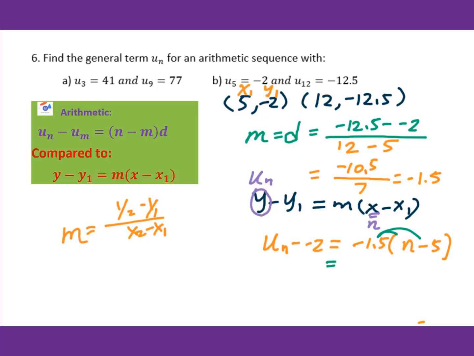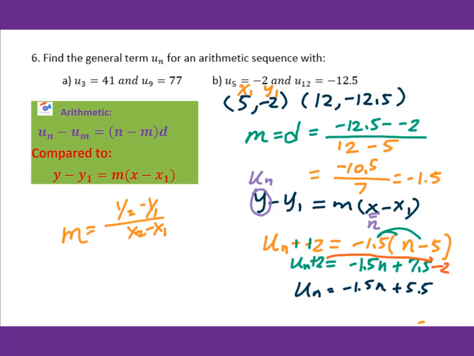You get negative 1.5n plus 7.5 minus negative, that means plus 2. So u sub n plus 2. Then we subtract 2 from both sides. You will get that u sub n equals negative 1.5n plus 5.5. That's the general form for this arithmetic sequence.